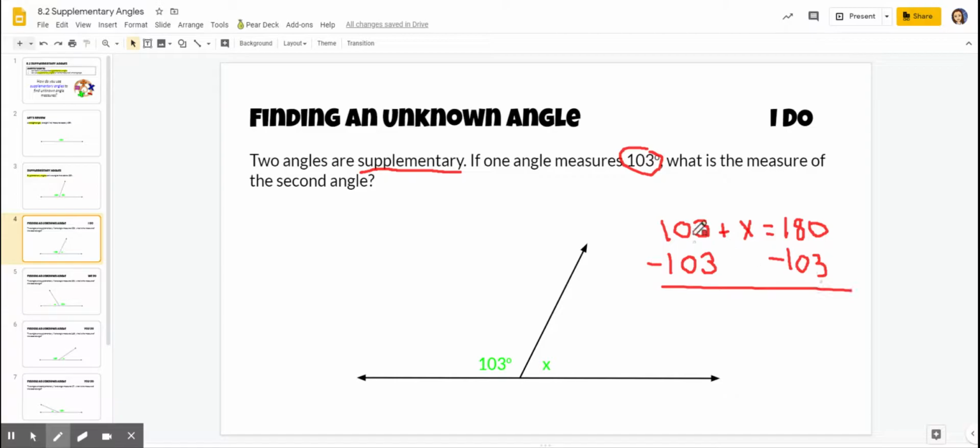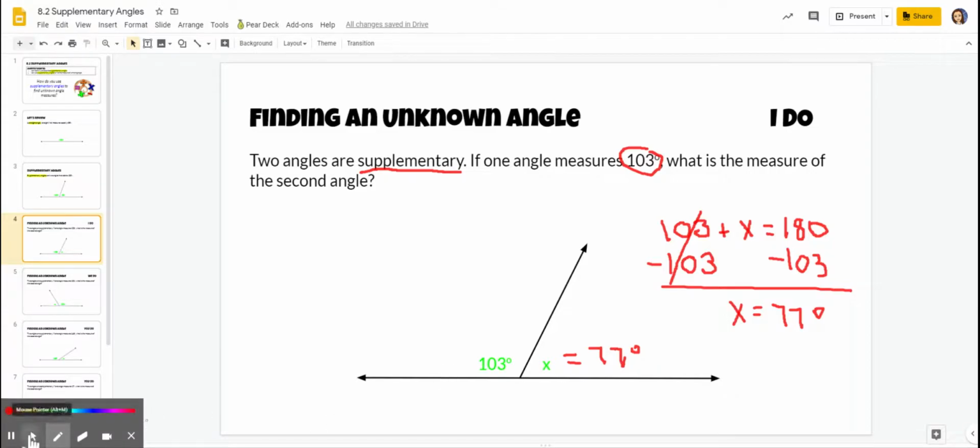When I simplify that, these cancel, and I'm left with x is equal to 77 degrees. So that tells me that one angle is 103, the other is 77.